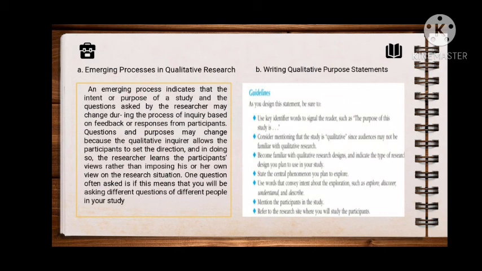Questions and purpose may change because qualitative inquiry allows the participant to set the direction. In doing so, the researcher learns the participant's view rather than imposing his or her own view on the research situation. One question often asked is if this means that you will be asking different questions of different people in your study.